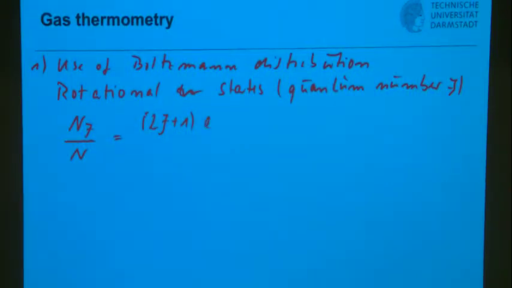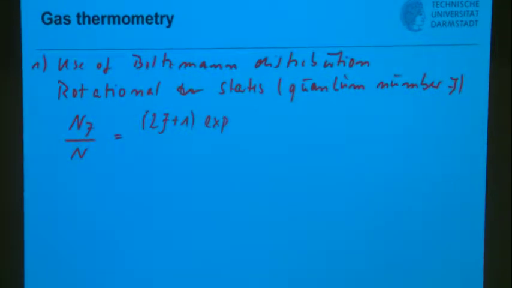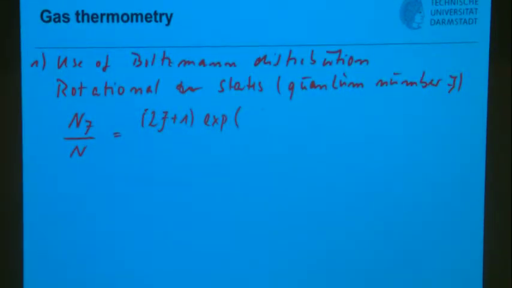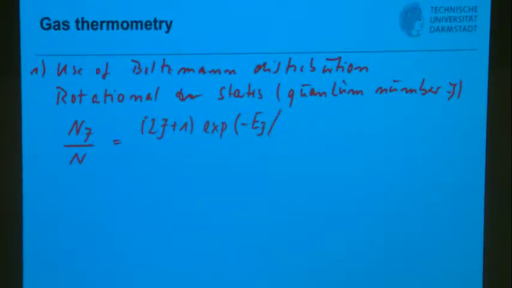We have then the expression where, in the argument of this exponential function, the rotational energy given by the state J over the Boltzmann constant and the absolute temperature.